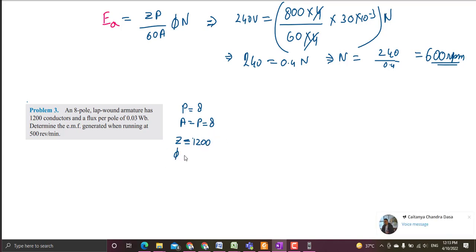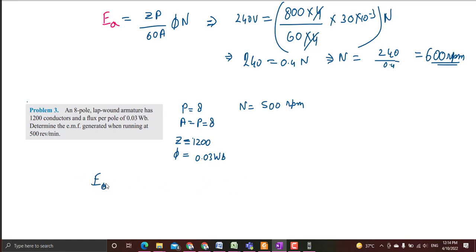Flux per pole is 0.03 Weber, and N is equal to 500 rpm, revolutions per minute. So we have to determine the Ea.